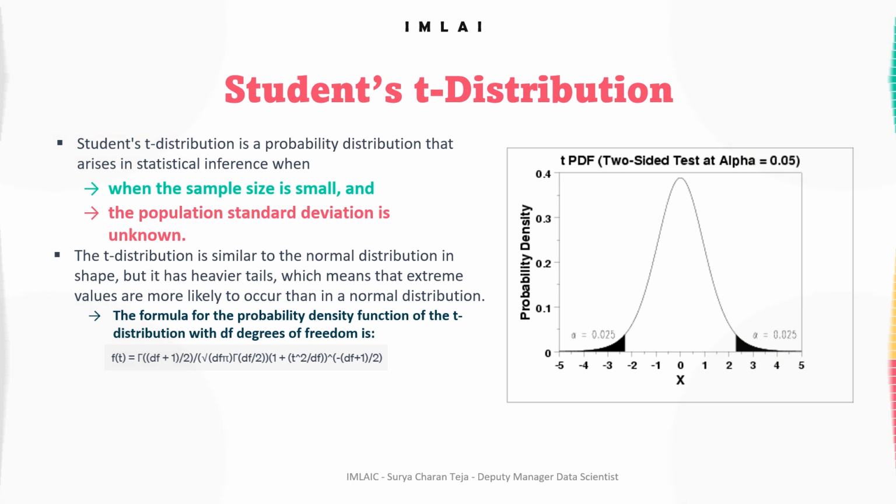The T distribution is named after William Gosset, who wrote under the pseudonym Student. He developed the T distribution to solve the problem of estimating the mean of a population when the sample size is small and the population standard deviation is unknown.